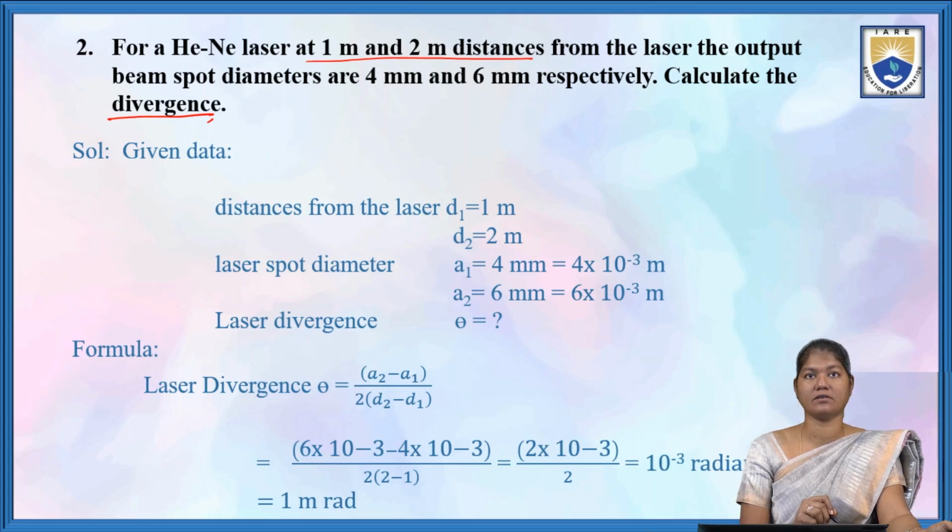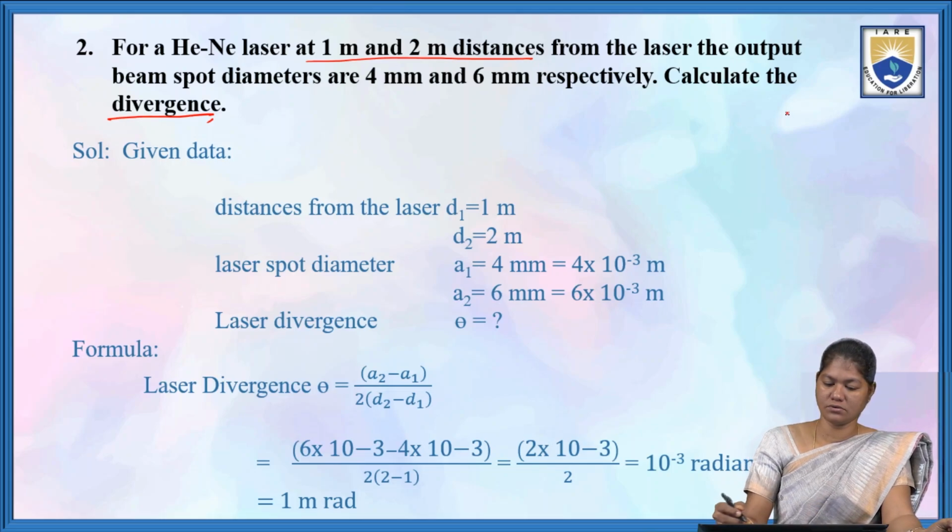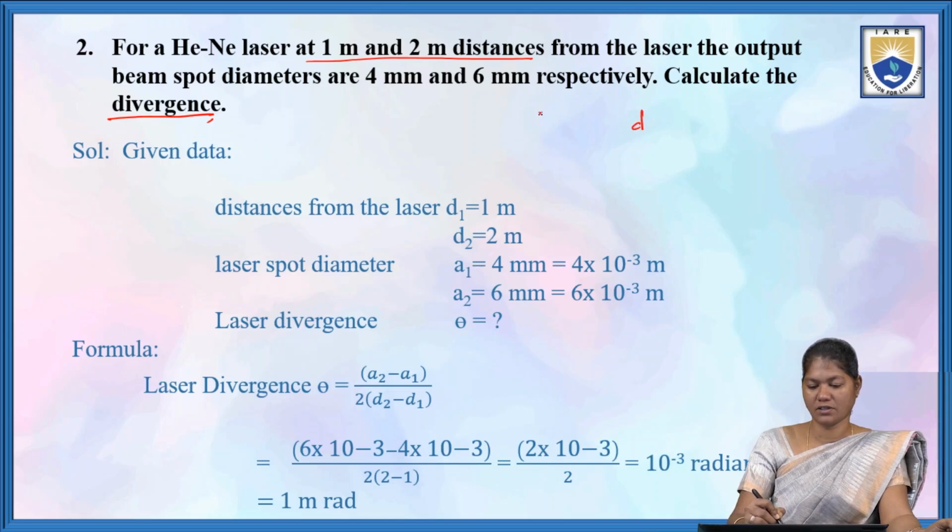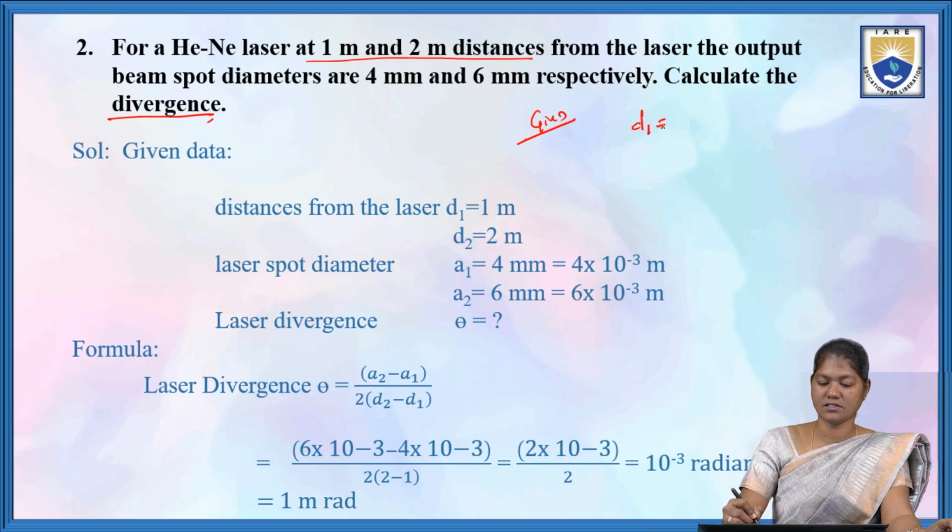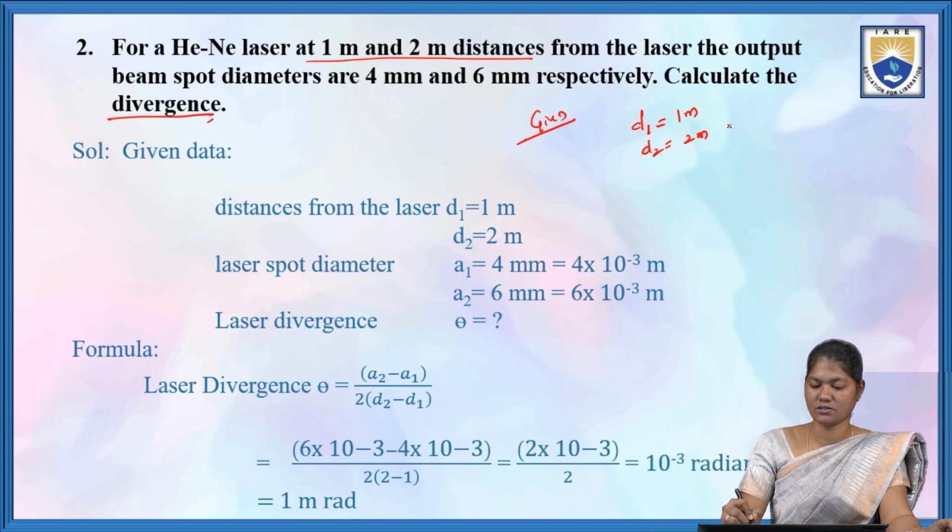Let the distances be D1 is 1 meter and the second distance D2 is 2 meters, from the helium neon laser source to the screen.